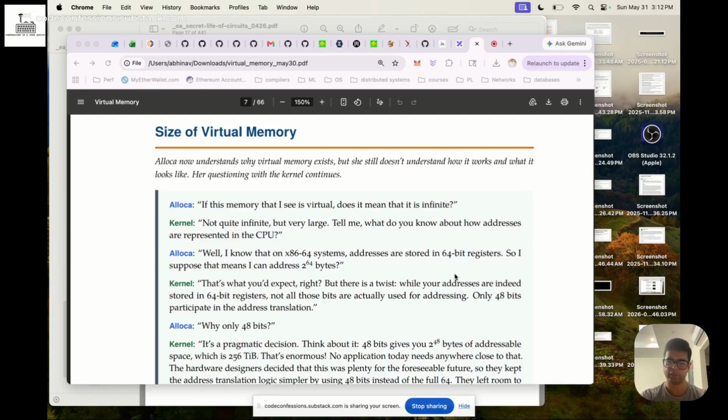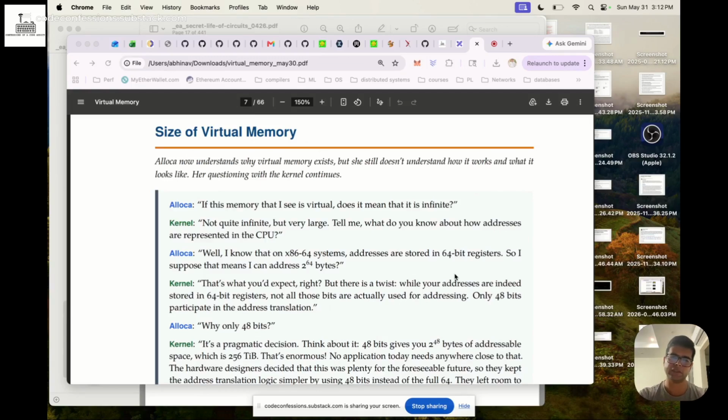Because if one process is using a certain address, then that address should not be read or written by another process, and that can only be possible if the operating system is sitting between the process and the memory itself, and that is done by the virtual memory layer.